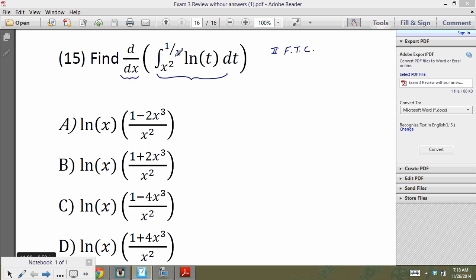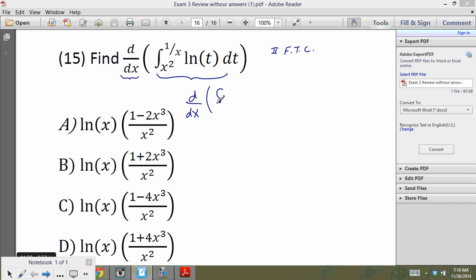And so the technique is to split it up into two integrals, which will have one of the bounds in each of those integrals be a constant. So what we basically do, the rewrite is going to look something like this.